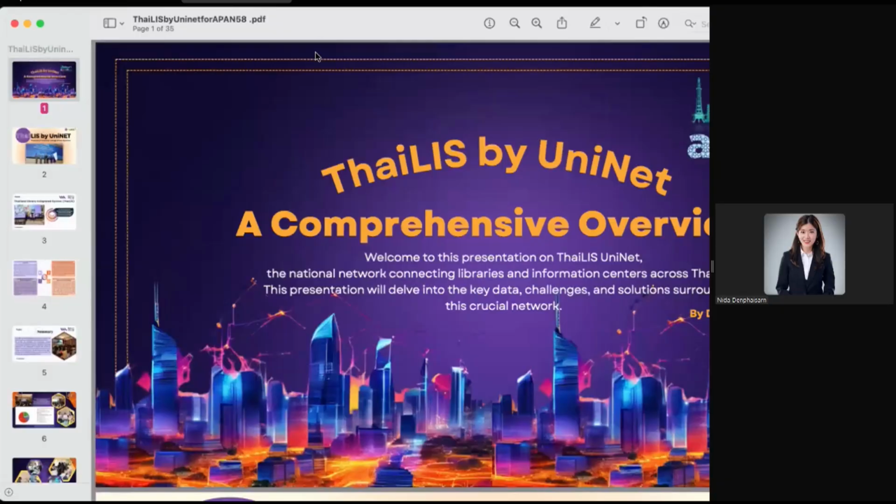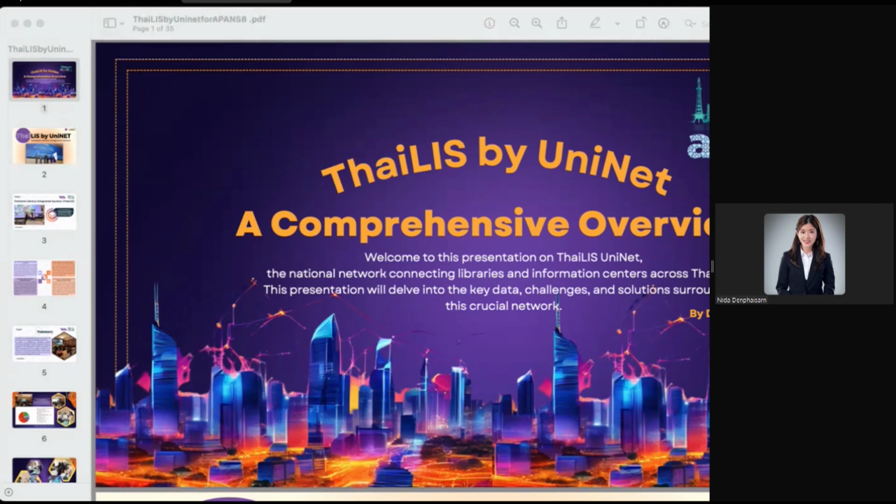Next speaker, Dr. Nida from Thailand, about the Thai list. The floor is yours. She's from Uninet. Okay. Hi, everyone. I am Dr. Nida from ThaiLIS by Uninet.